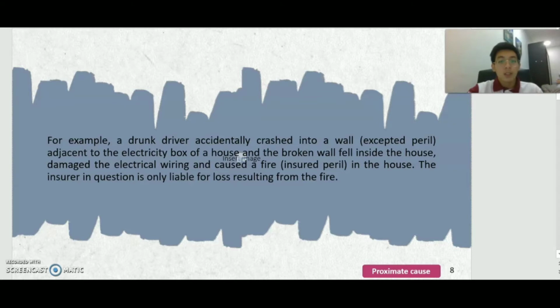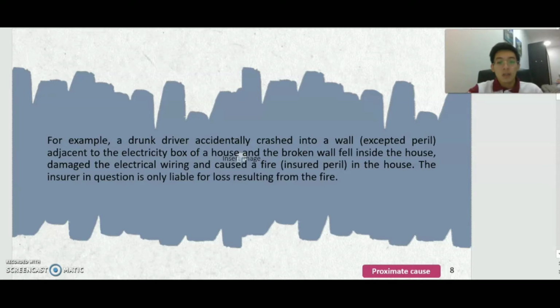For example, a drunk driver accidentally crashed into a wall, which the loss of the wall in the insured policy is not covered, so it is an accepted peril. It was ejected to the electricity box of a house, and the broken wall fell inside the house, damaged the electrical wiring and caused a fire in the house.